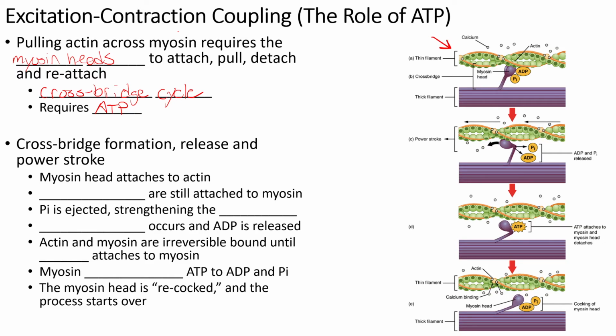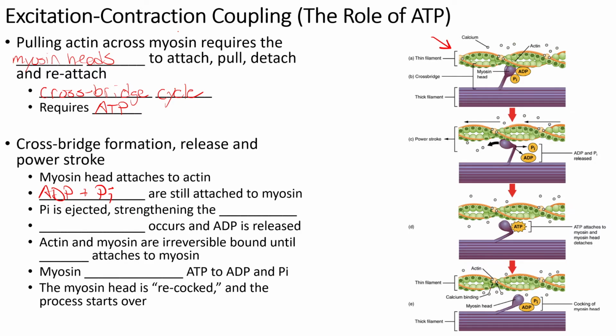We're going to assume that calcium has already been attached, and the myosin is going to attach to the actin as well because we've exposed the binding sites. Now, we're going to make an assumption that ADP and inorganic phosphate, that's what P(i) means, are still attached to the myosin.